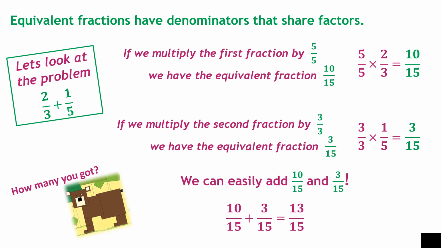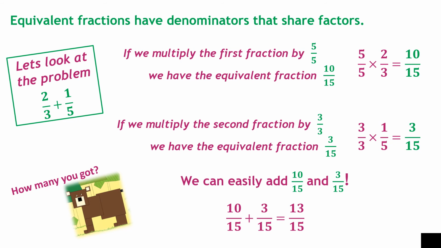Well, we should find equivalent fractions for both 2/3 and 1/5, equivalent fractions that share the same denominator. What denominator would suit both thirds and fifths? Well, if we multiply 3 and 5 together, we find that 15 could serve as a denominator for equivalent fractions for both thirds and fifths.